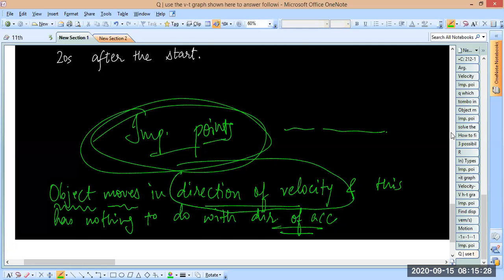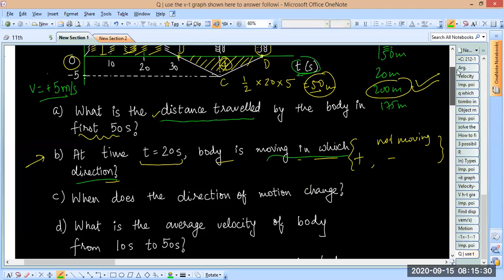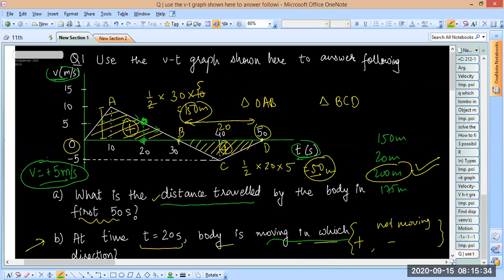So let's go to the graph. We have found out that at 20 seconds the velocity is +5. So this velocity is in which direction? Positive or negative? This velocity is in which direction? This is plus, right? What does this plus sign indicate?